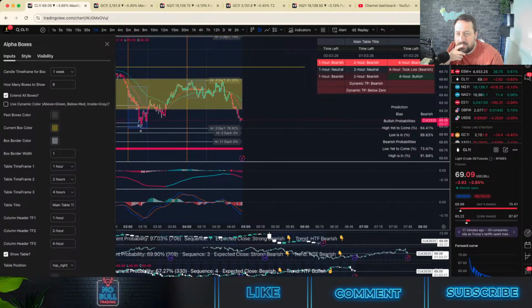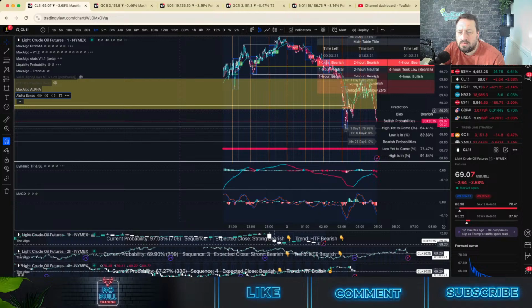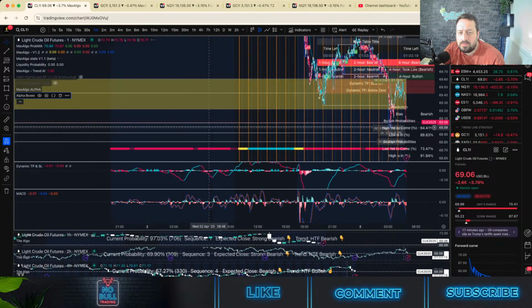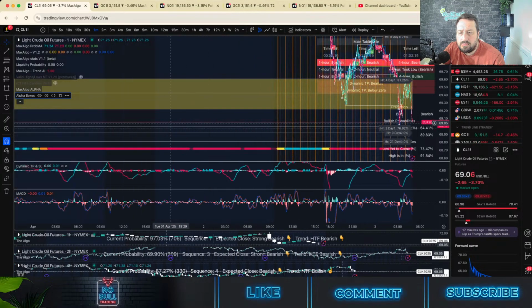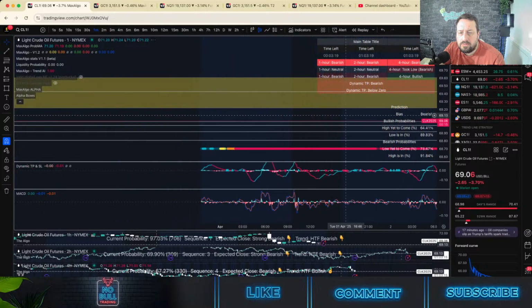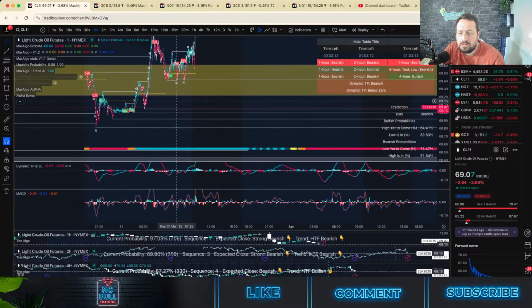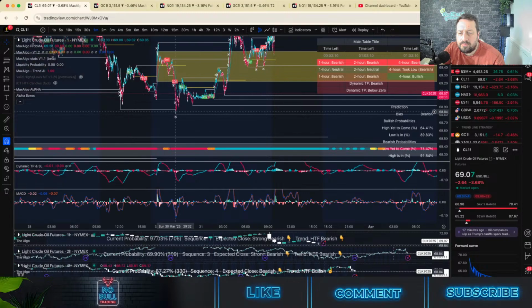Currently inside the weekly. So this is the current weekly low.